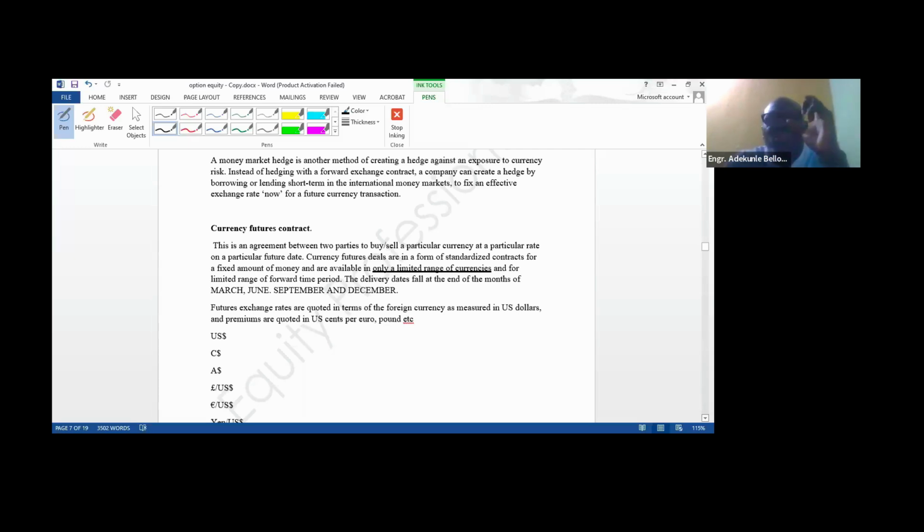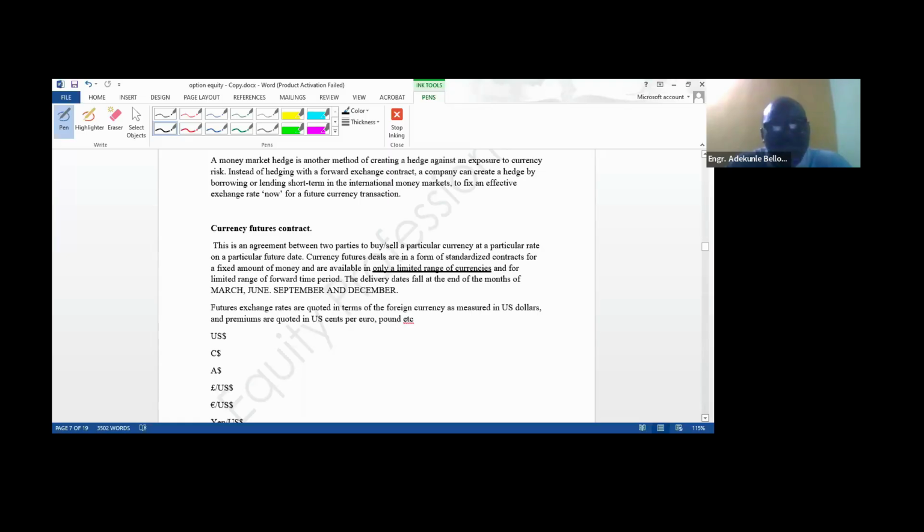The currency futures deals are in the form of a standardized contract and available only in a limited range of currencies.